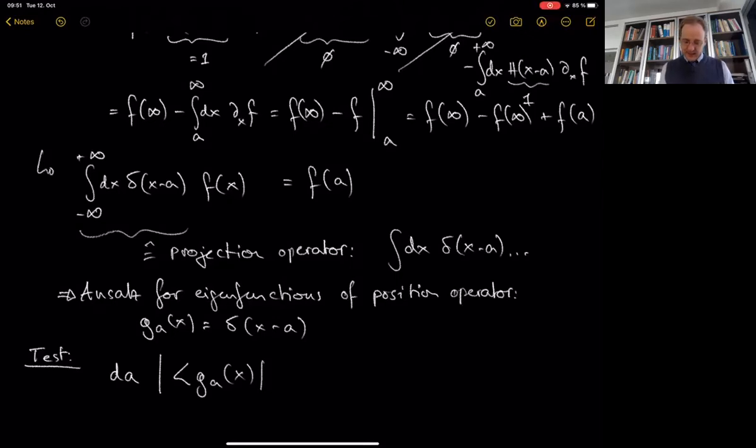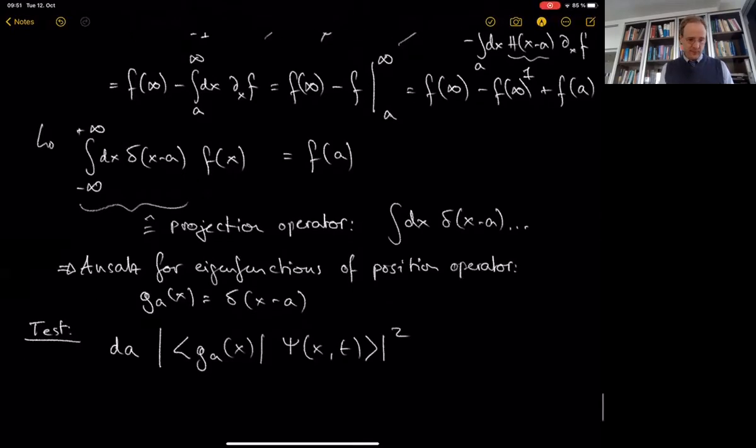So we project this onto our electron wave function. This is dA, dx from minus infinity to plus infinity, GA.